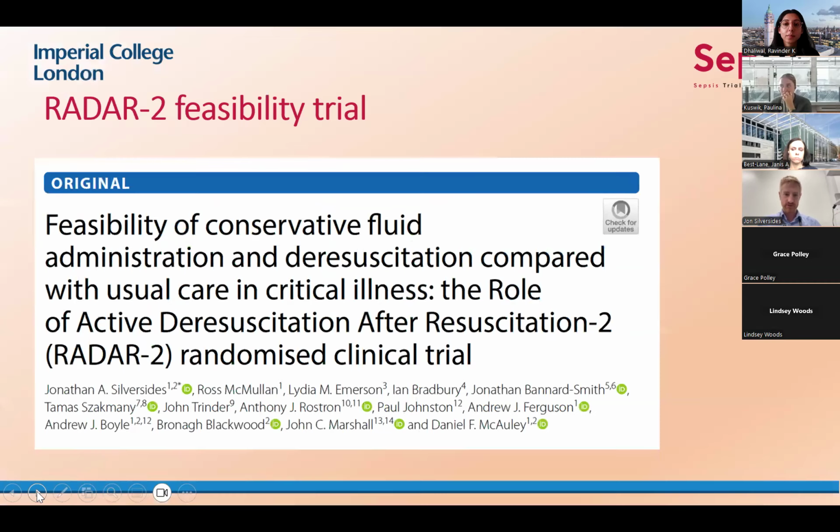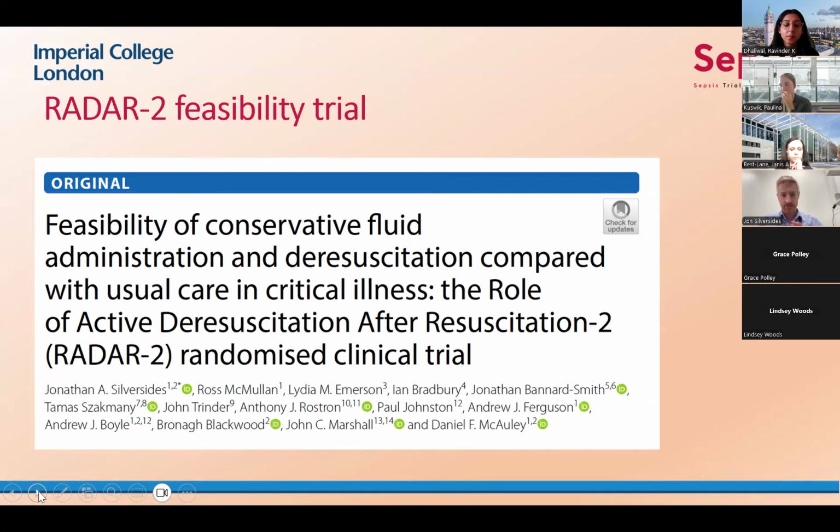When I mentioned RaDaR2, I can see one familiar name on there. I know Sunderland were a site for RaDaR2, so you're very familiar with this. This was our feasibility trial, and that was published in ICM, I think it was 2020, not 2019. Anyway, this is kind of the prototype, if you like, the pilot.